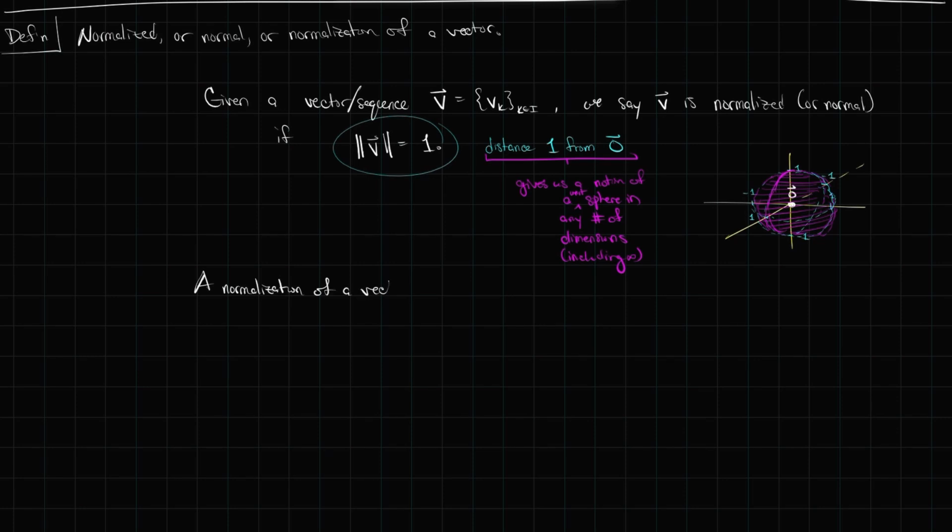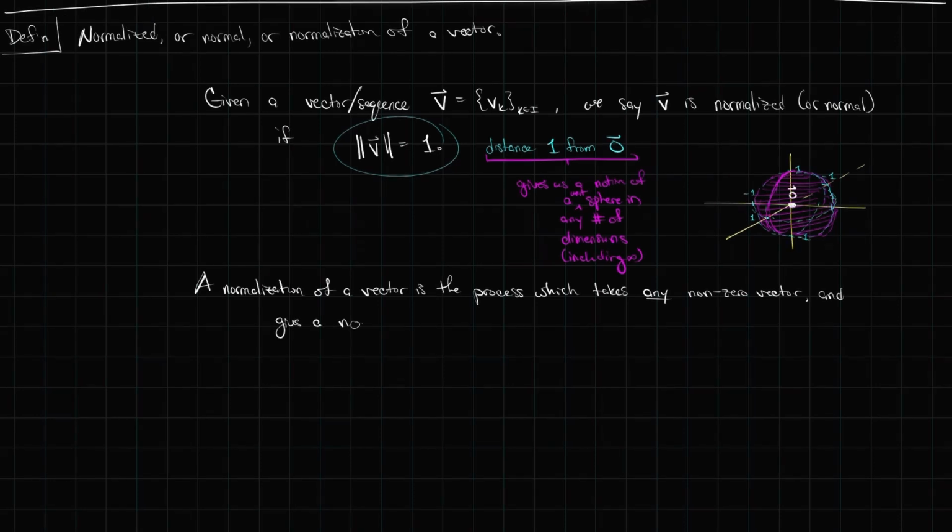And then a normalization of a vector is the process which takes any non-zero vector and gives a normalized, or normal, vector out, and in particular of the same direction. It's really not too hard to compute.